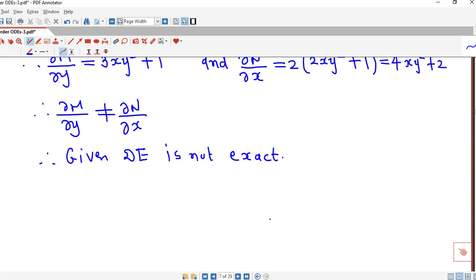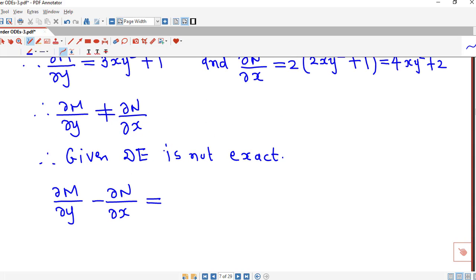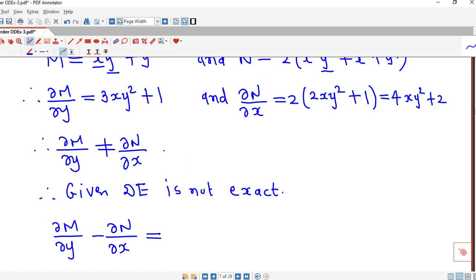Now we try to find the quantity del M by del y minus del N by del x. First we find the difference, and then we will see whether we want to divide by M or N. Now del M by del y is 3xy square plus 1, and this is 4xy square plus 2. So 3xy square minus 4xy square is minus xy square, and 1 minus 2 is minus 1.